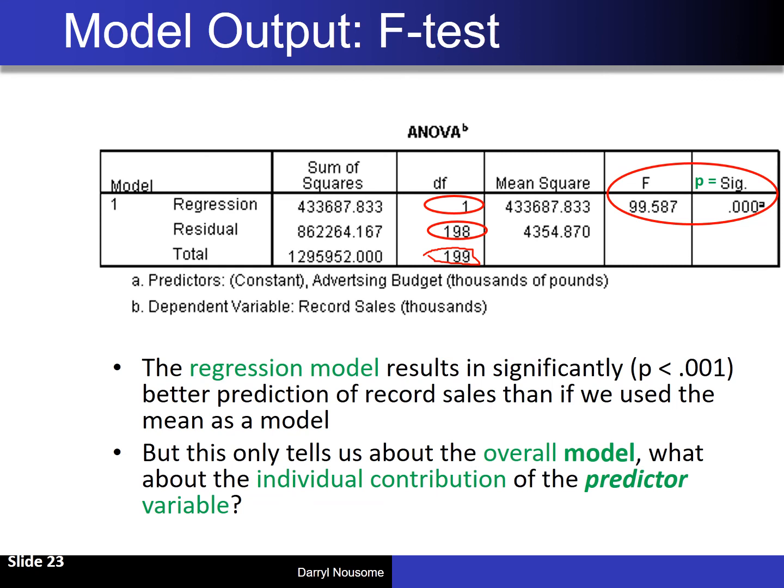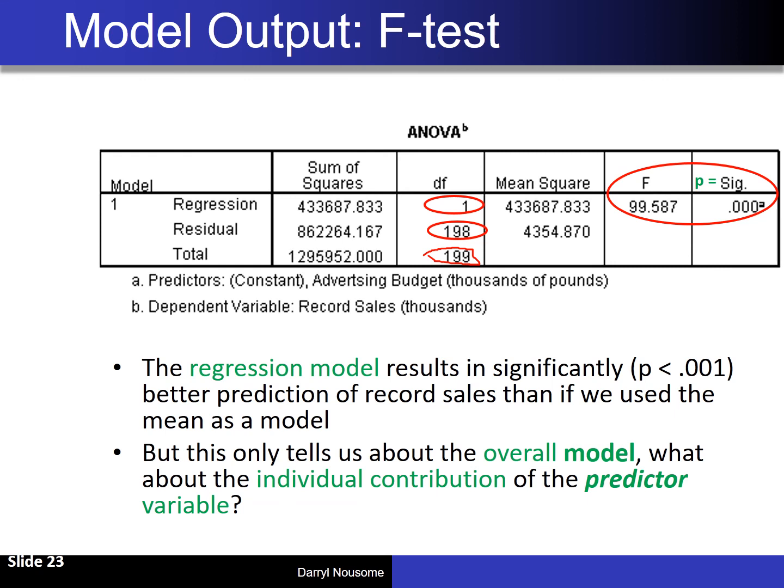There were 200 lines of data in this, so n-1 is 199. Our residual or error term in this ANOVA table is just the total n-1 minus 1 from the top part of the table, so that gives us 198.